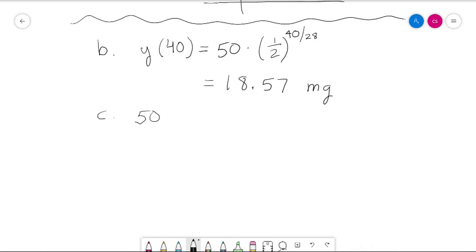So the first half-life would take us to 25. And then the next half-life would take us to 12.5. And then the next half-life would take us to 6.25.